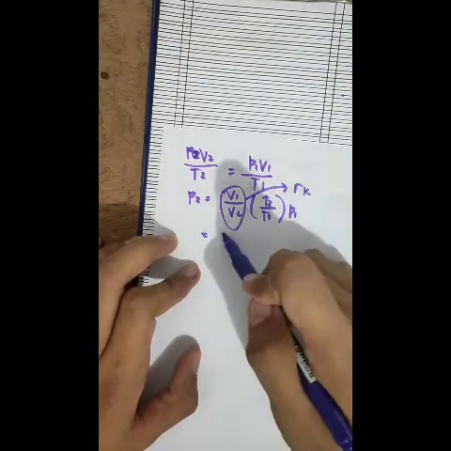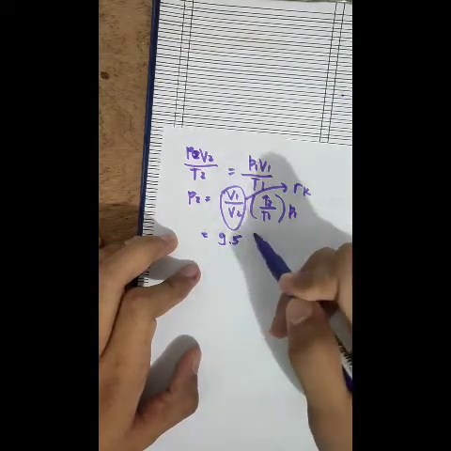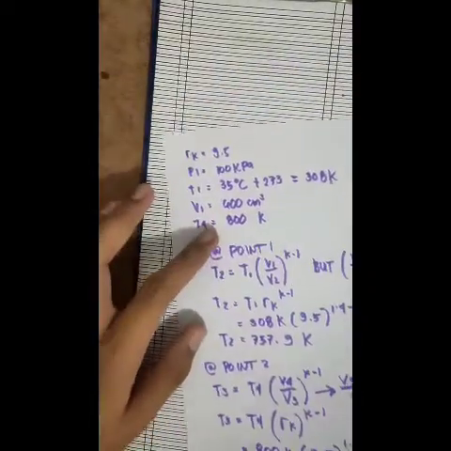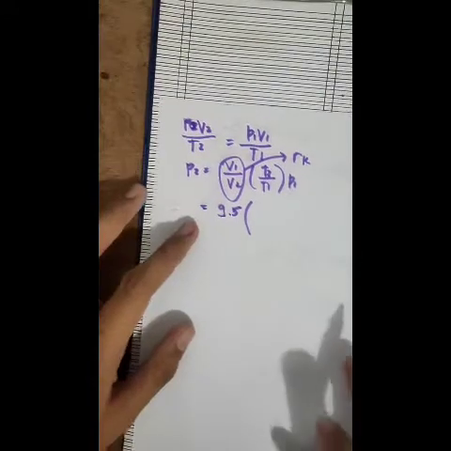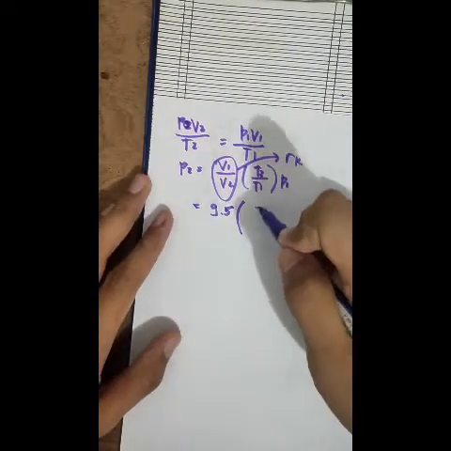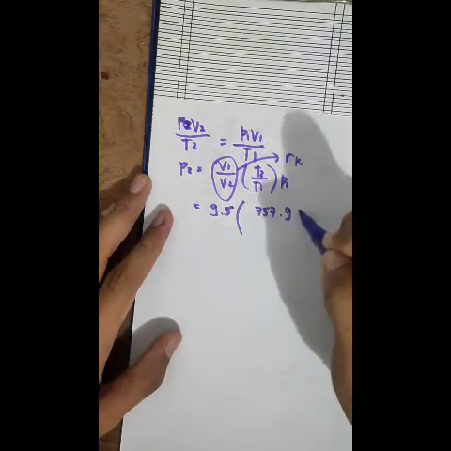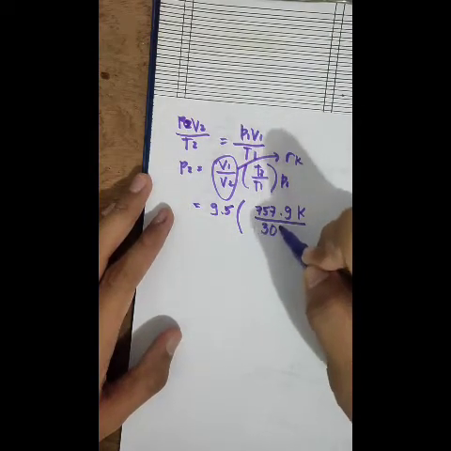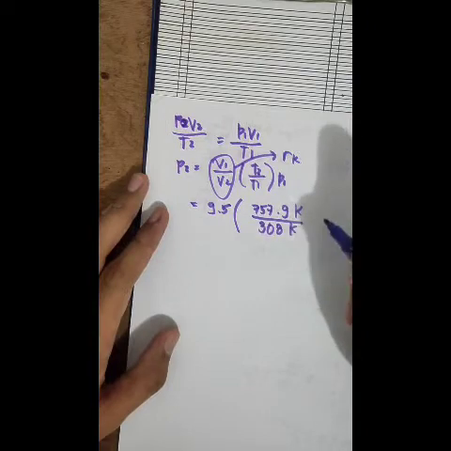RK 9.5 multiplied by the T2 that we got, T2 is equal to 757.9 Kelvin over T1, which is 308 Kelvin, multiplied by 100 kilopascal.